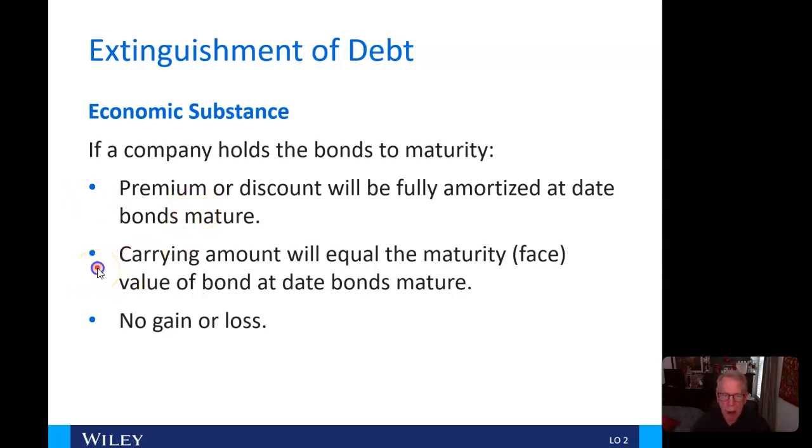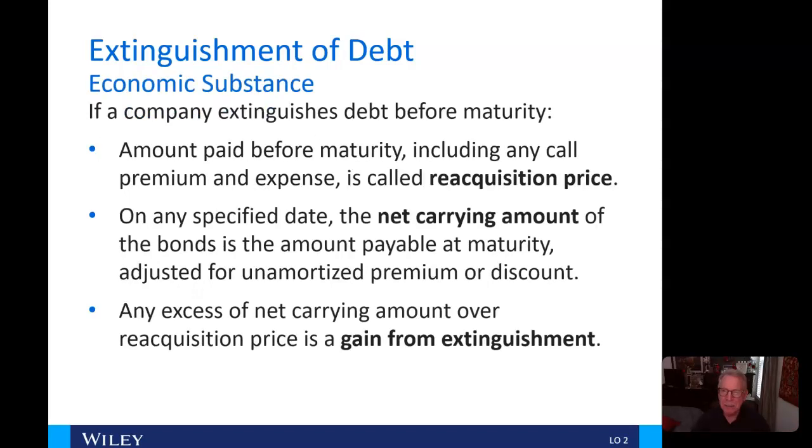The carrying amount will be equal to the maturity or face value of the bond at the date the bonds mature. There's no gain or loss when we extinguish the debt.